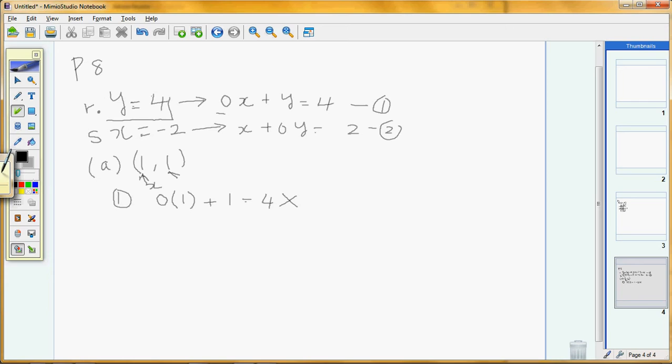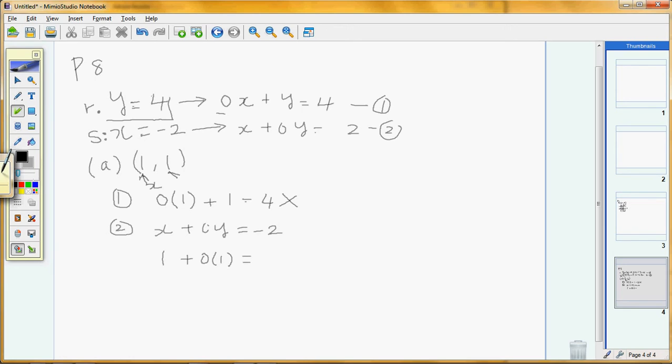How about line S, which is x equals -2. So we have x plus 0 times y equals -2, and we plug in (1, 1). So we have 1 plus 0 times 1, because y is 1.